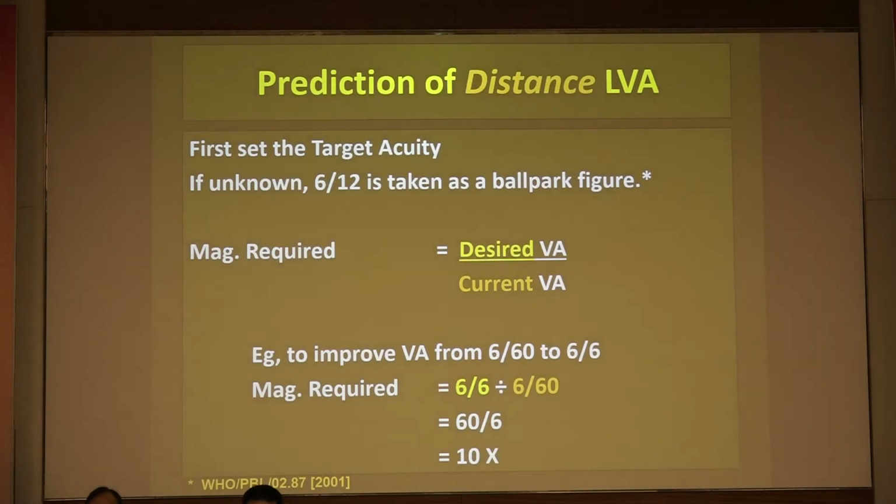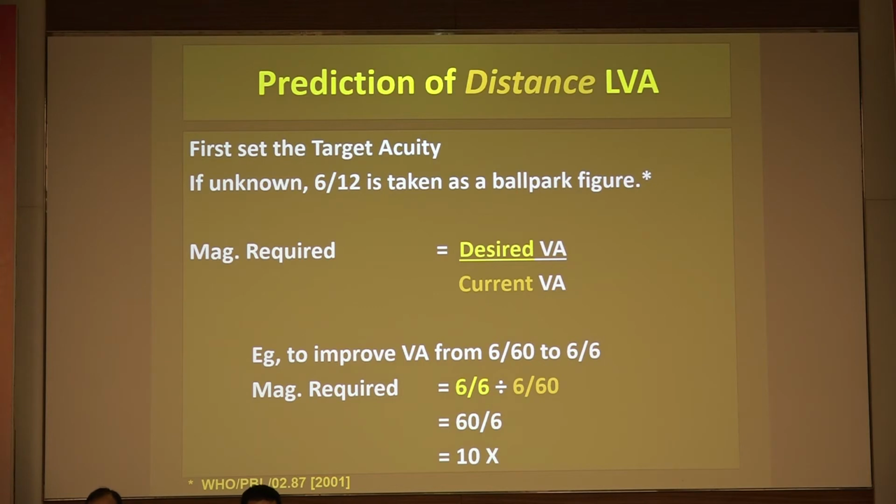The second way to do it is to first predict what kind of magnification the patient will require and then prescribe a telescope. So here you have to first set a target acuity. You have to ask the patient, what kind of vision do you want? So the patient says, oh, I want 6/6 vision, or he says, oh, I'll be happy with 6/18. Or if he doesn't know, if he doesn't have any idea of what kind of improvement he requires, you take a ballpark figure of 6/12 Snellen equivalent.